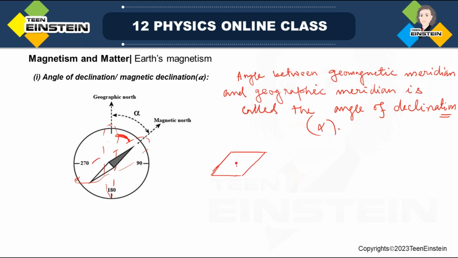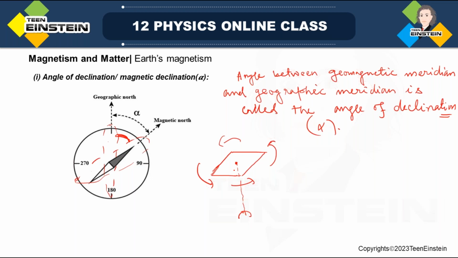You have to hold it fixed at some place and pivot it in such a way that it can rotate in the horizontal plane, like this.